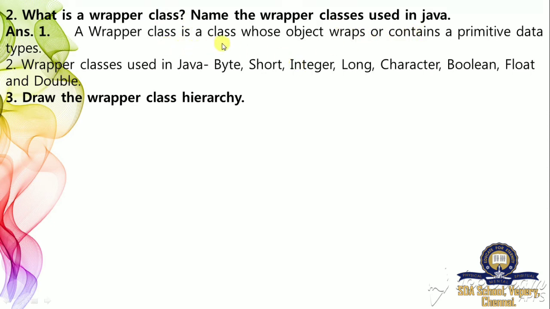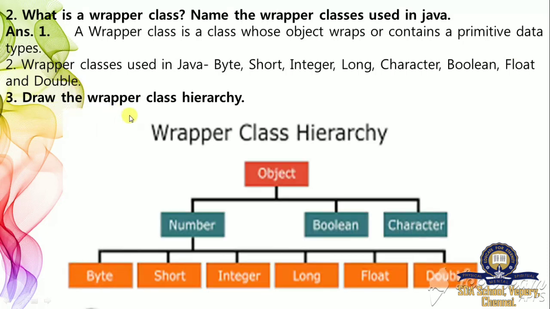A wrapper class is a class whose object wraps or contains a primitive data type. Wrapper classes used in Java: Byte, Short, Integer, Long, Character, Boolean, Float, and Double. Third question is, draw the wrapper class hierarchy. These are the branches of wrapper classes: Object, Number, Boolean, Character. Under Number, many wrapper classes are there.